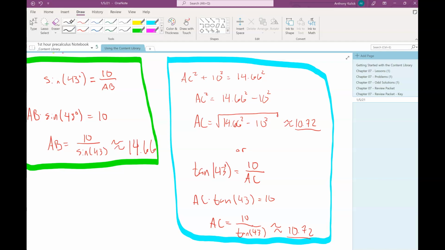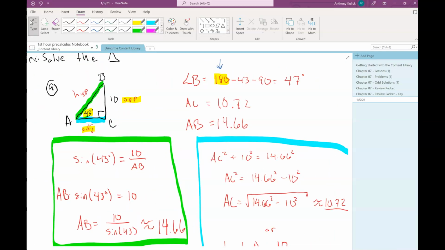The only way this problem could get different is if I give you different starting information. There's two kinds of starting information I can give you. Aside from the right angle, I can give you one angle and one side length, like we did here. I gave you the 43 degrees and BC is 10.